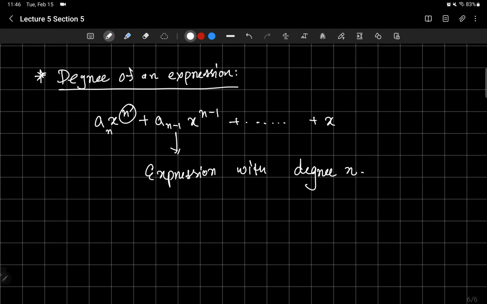And if you're trying to solve an equation that looks like this, a of n x to the n plus a of n minus 1 x to the n minus 1, dot dot dot, plus, in fact there should be a c over here, which is just a number, equals 0.